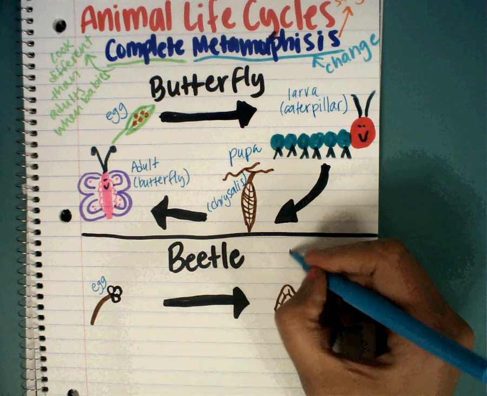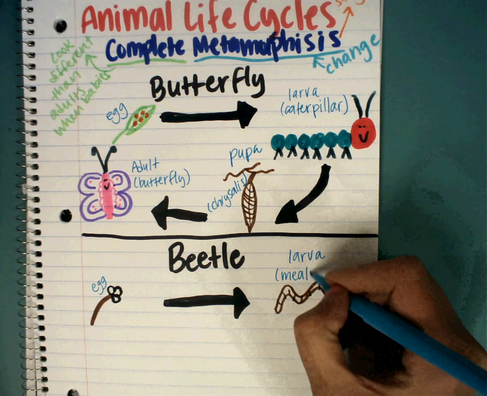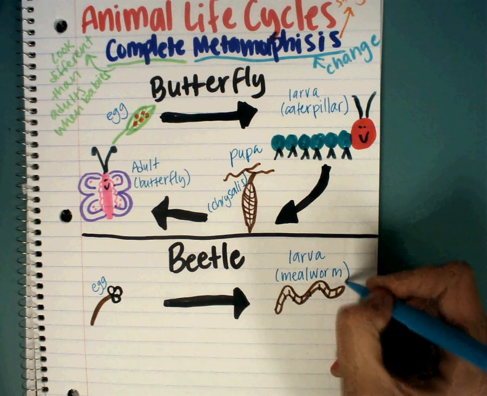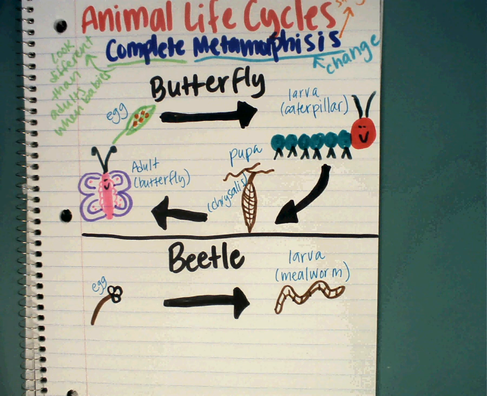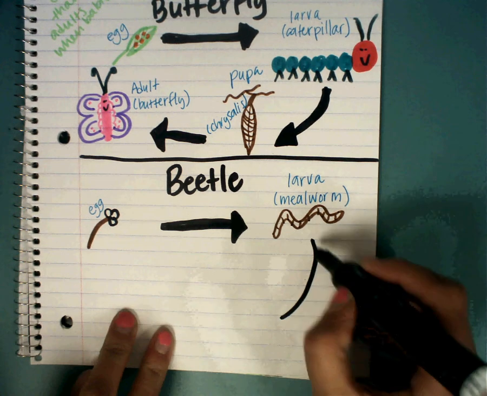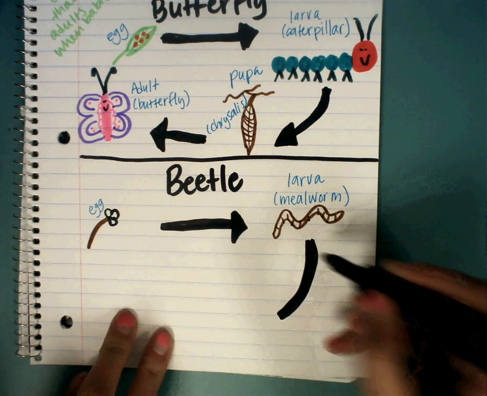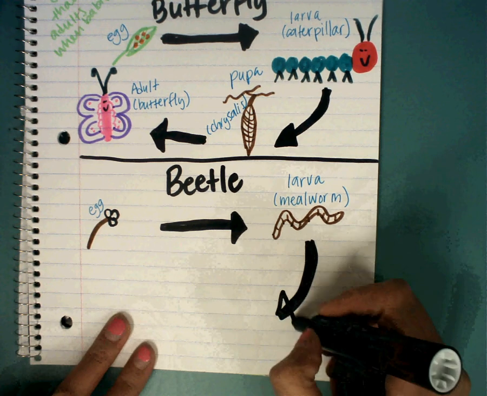Larva, and it's a mealworm. All right? Our next stage is the pupa. Beetle pupa are not very pretty looking. Not very pretty.